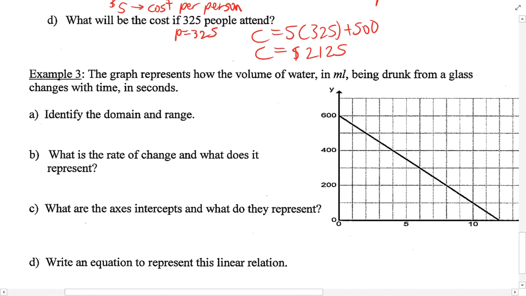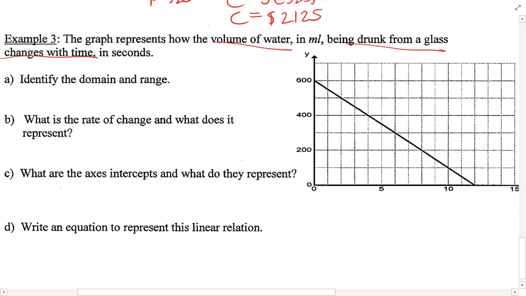This graph represents how the volume of water being drunk from a glass changes with time. Now time is always going to be our domain. So this will be time, and it will be in seconds. So we've got to put S, the letter S, in brackets. Hayden, let's go, man.